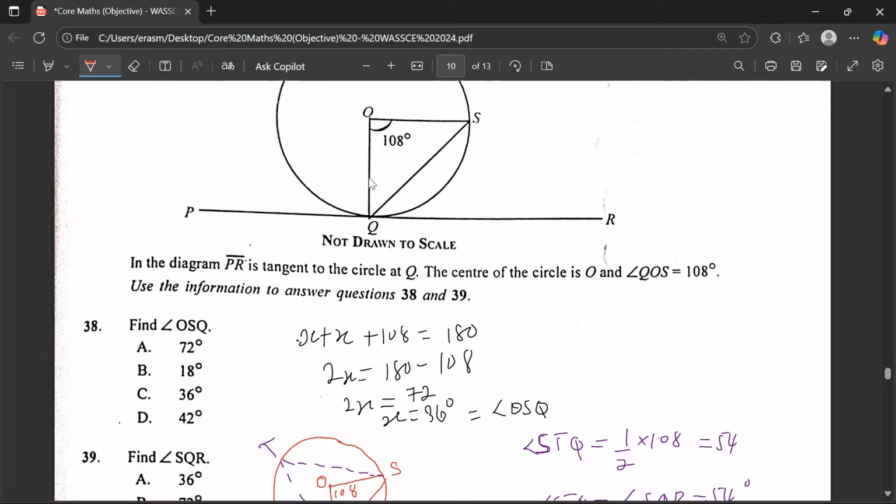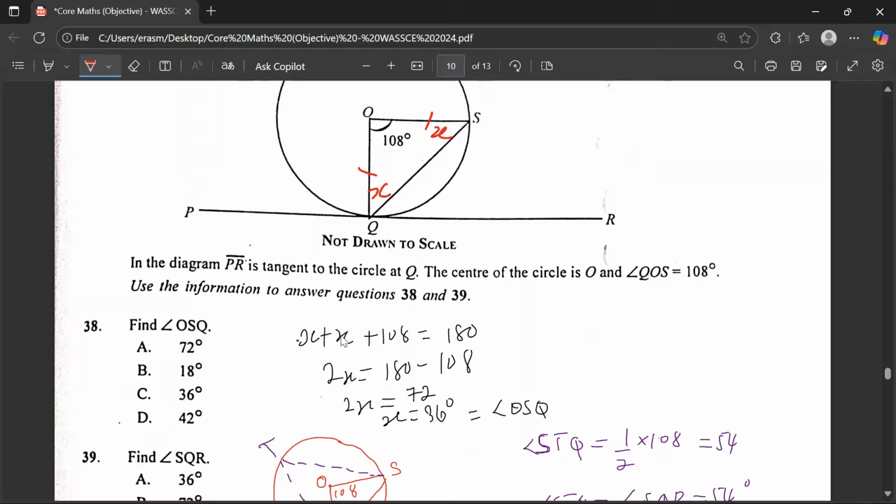So if this is the center, then this line QO is a radius, and this line is also a radius, right? So let's say this is X. Then this is also going to be X, because the two lines are the same and the base angles will be the same.